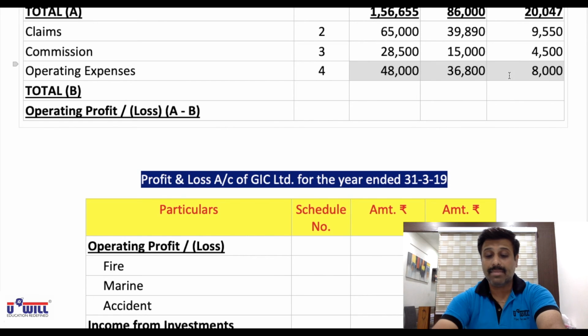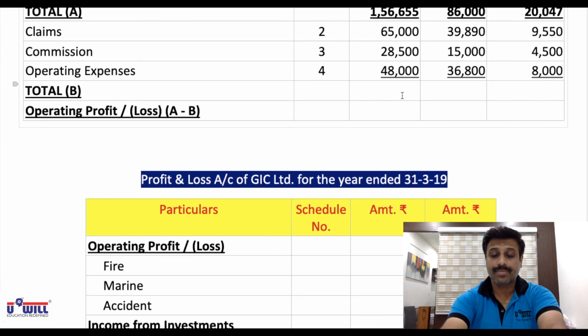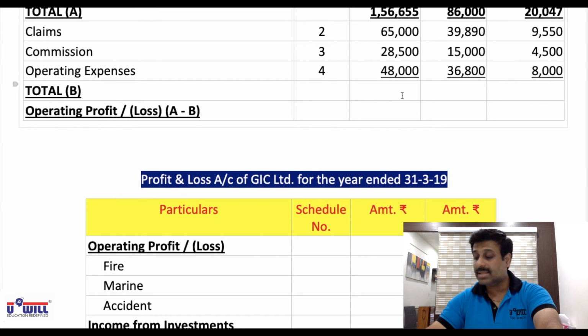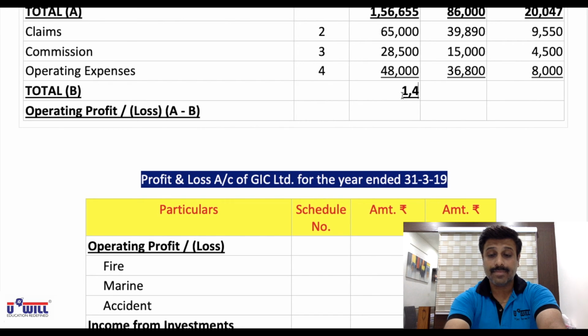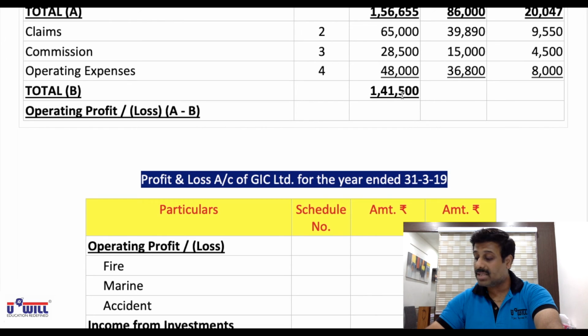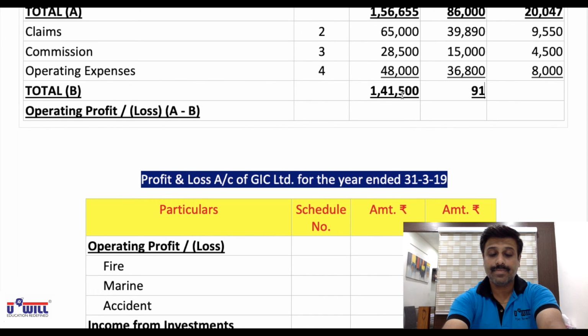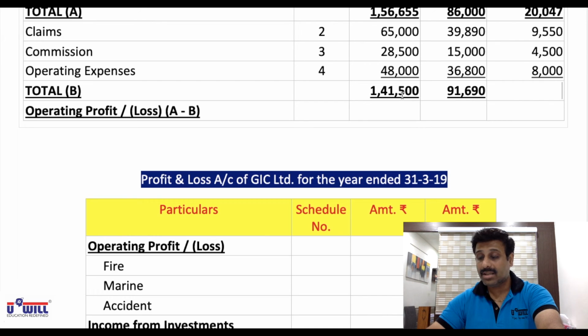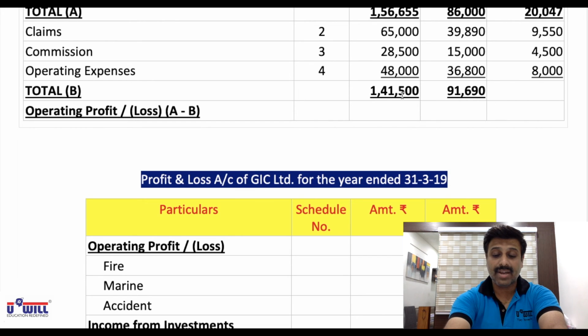So total of B can be done now. 65,000 plus 28,500 plus 48,000, that comes to 141,500. 39,890 plus 15,000 plus 36,800, that comes to 91,690. Then 9,550 plus 4,500 plus 8,000, that comes to 22050.